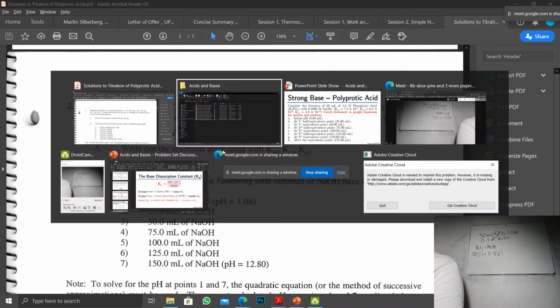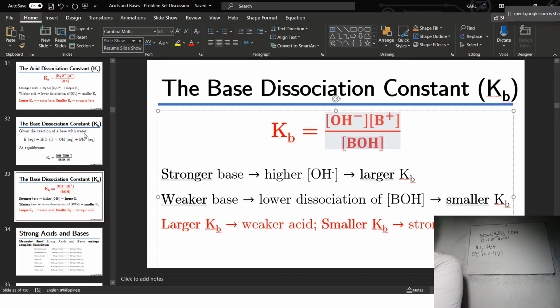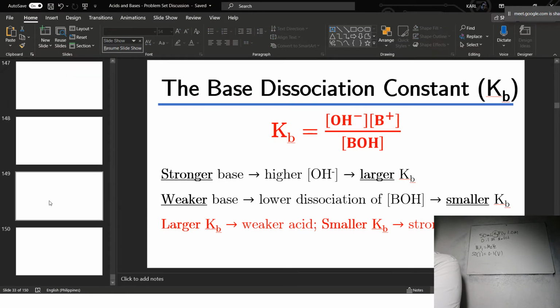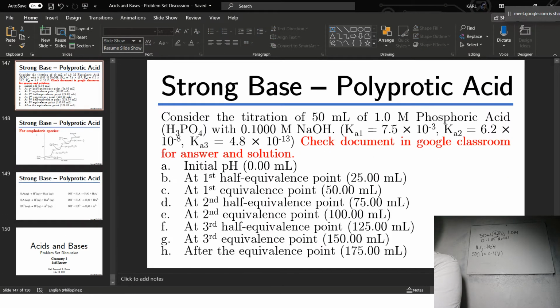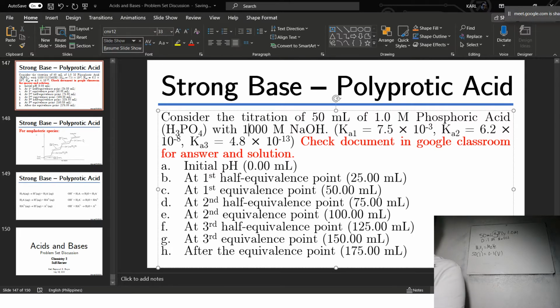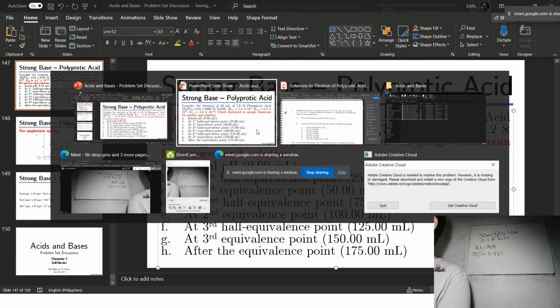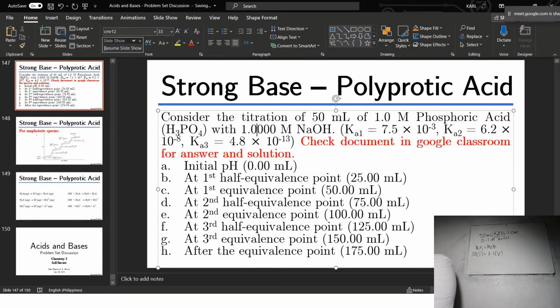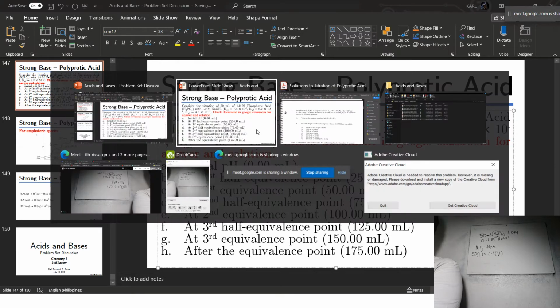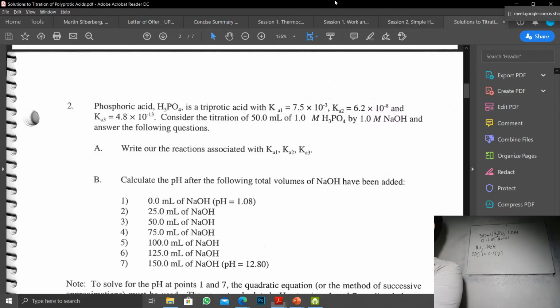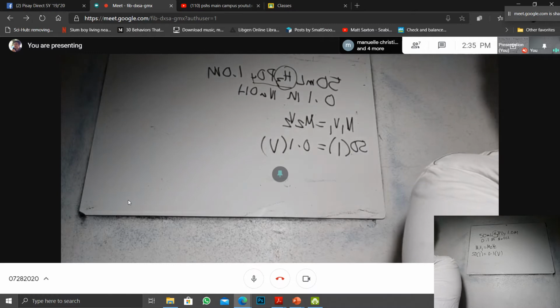Kaya pala eh. 1 molar din yung NaOH. Teka, let me change that. Ito, 1 molar din to. Ayan. Okay, 1 molar din pala.